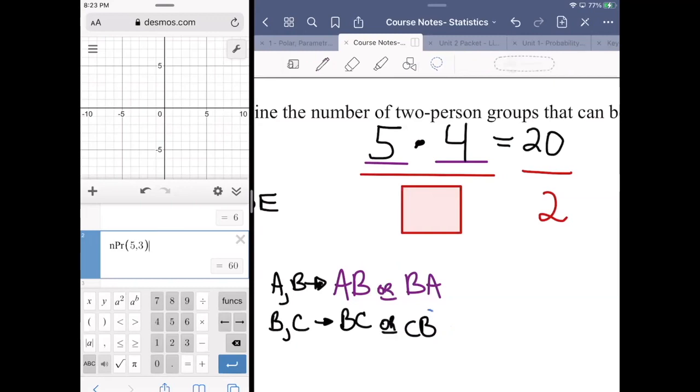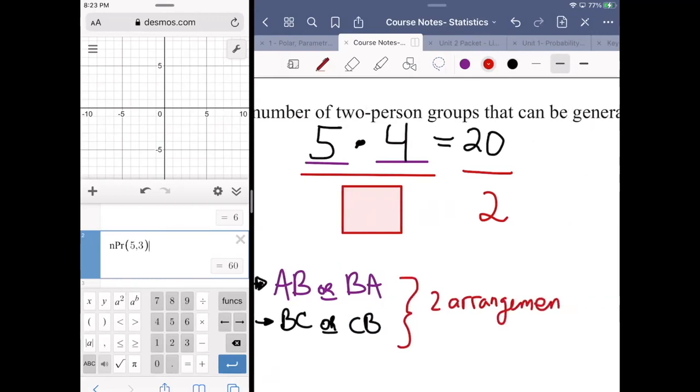And that's going to be the same for every other case. Any other pairing of letters, there are always going to be 2 ways in which I can arrange them. So 2 arrangements per pair of letters.